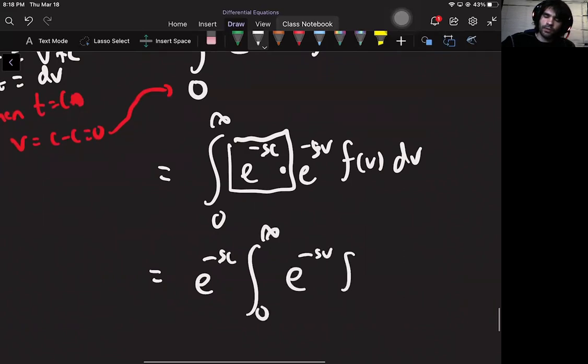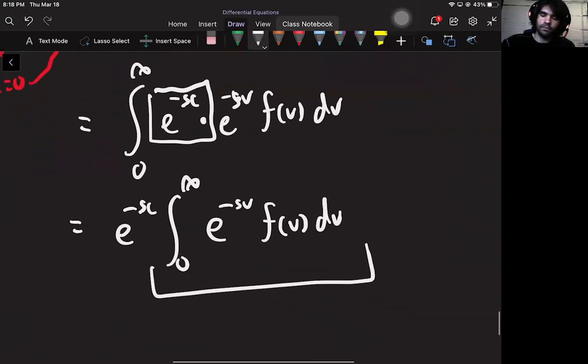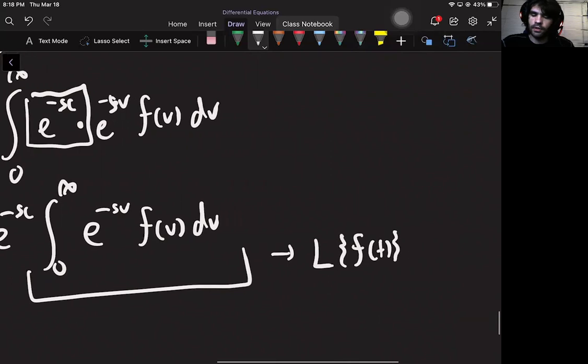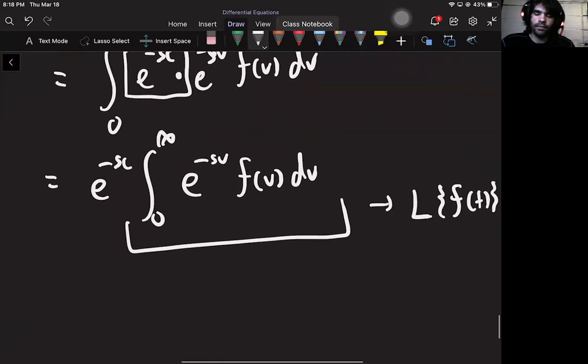And this is just the Laplace transform now. That's just the definition of the Laplace transform of f of t, except we changed the letters, but it's still the same. If I just change the letters back to t now, it's the same.